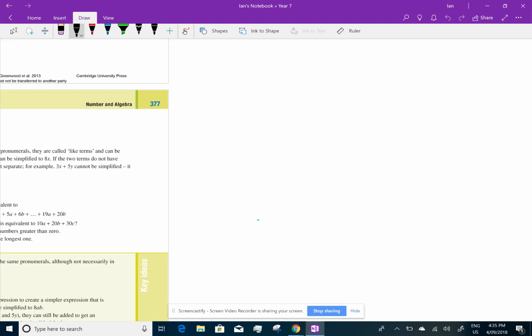So let's just say we have this one, M, and M represents a number. If I add another one of the same number, so let's say I had 3 plus 3, I'm not saying that M is equal to 3, I'm just using the example. Well, that's 2 lots of 3.